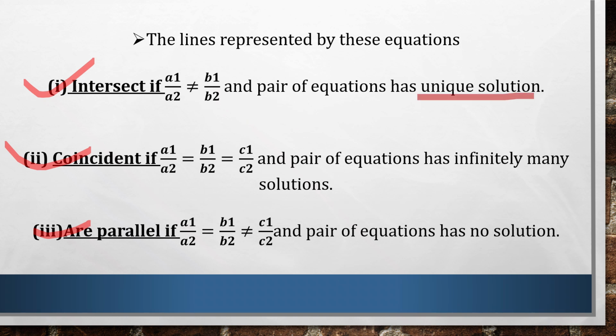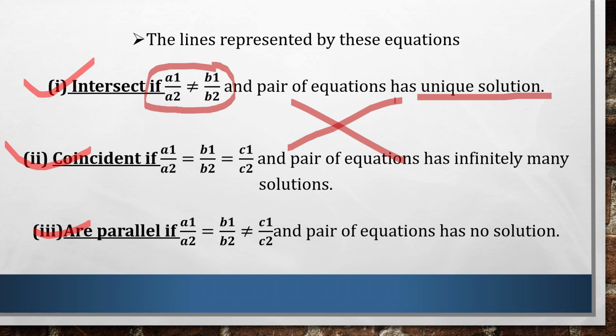So in the first condition, if a1 by a2 is not equal to b1 by b2, then the pair of equations has a unique solution. If the two lines intersect, then we have only one solution.